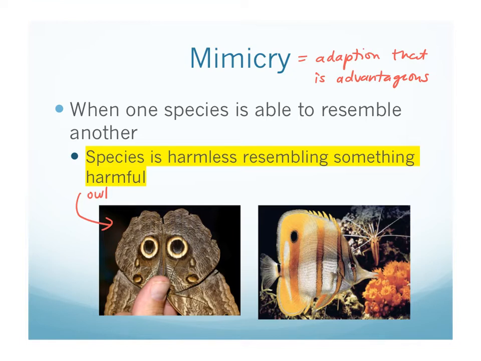And the butterfly itself is harmless, but it resembles something harmful, which will make it less available to predators. Additionally, also with this fish, it may resemble some kind of predator that a predator itself would not want to attack.